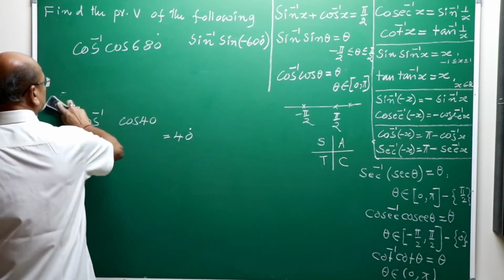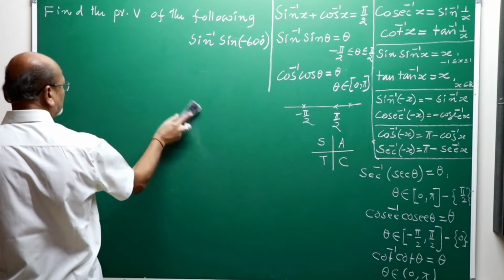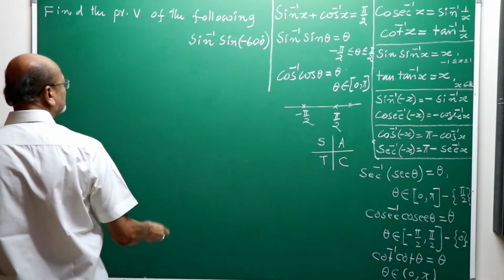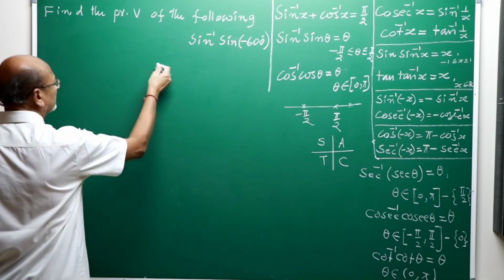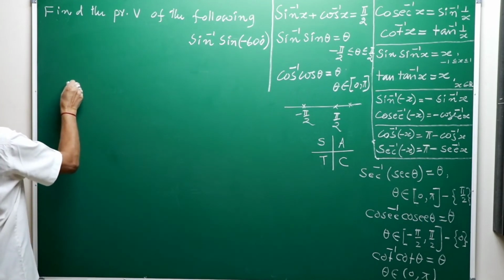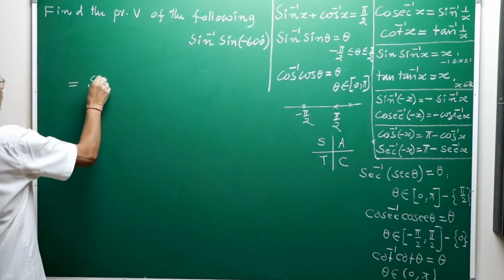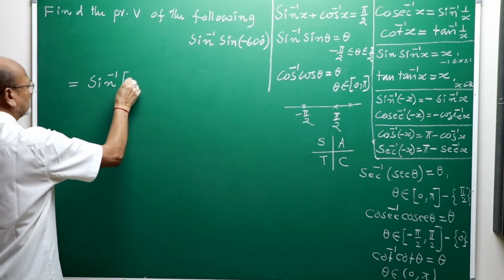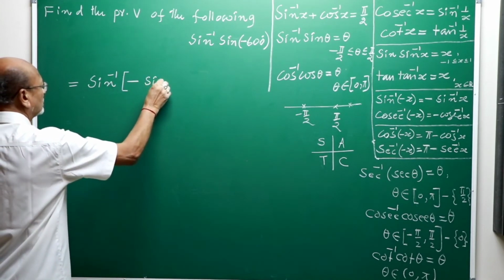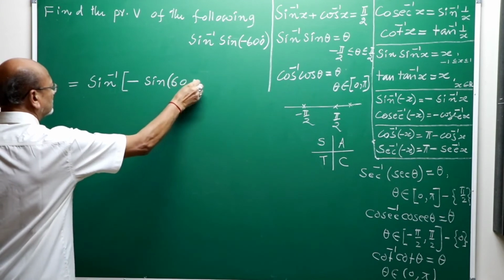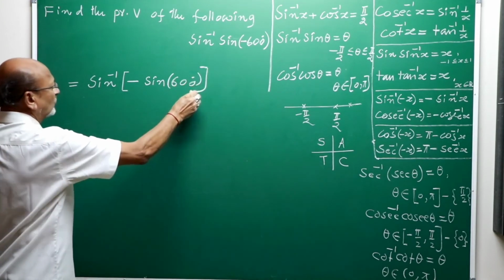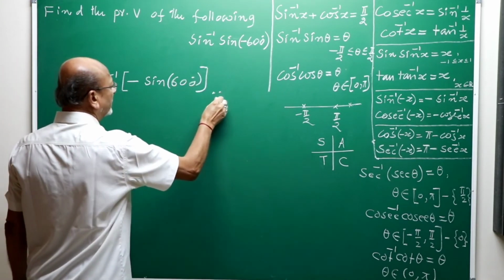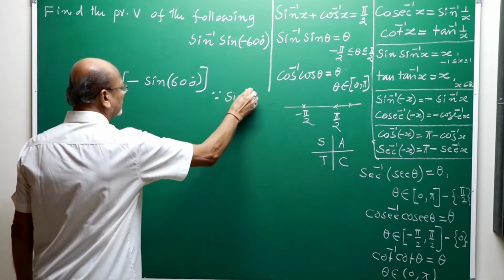Yes, friends. First property, sine of minus theta is minus sine theta. So it is sine inverse of, I use this bracket, minus sine of 600 degrees. Why? Because sine of minus theta is minus sine theta.